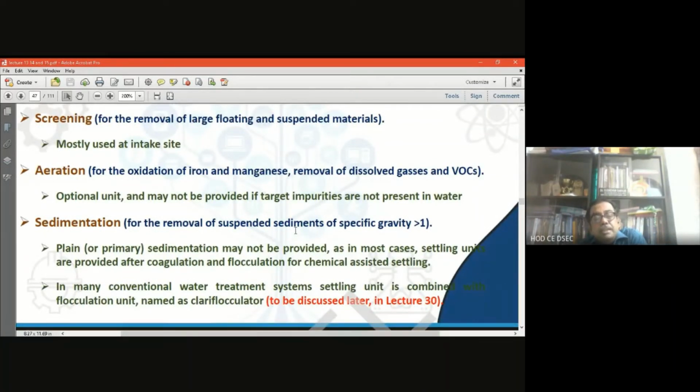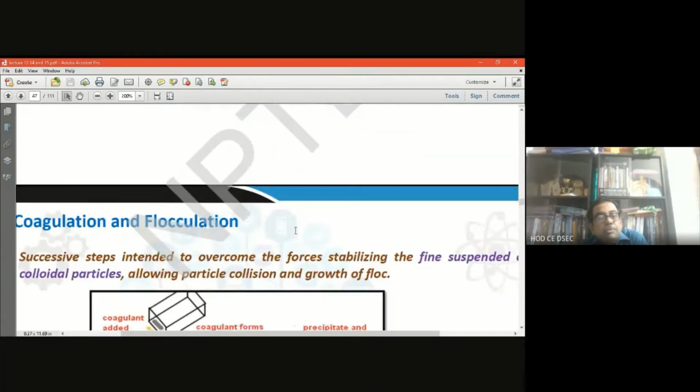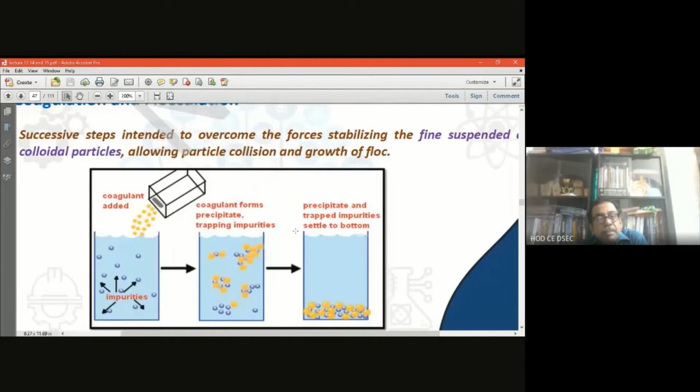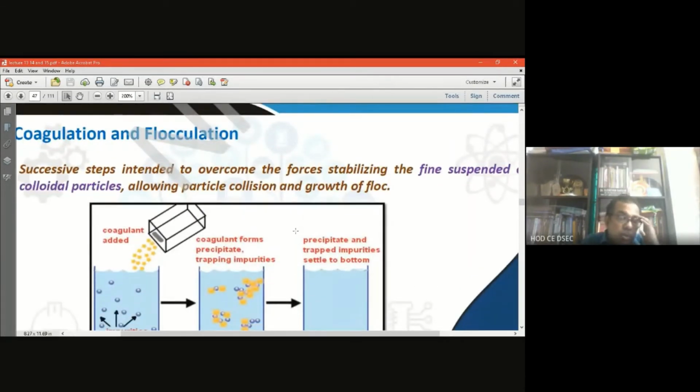But in many conventional water treatment systems, the settling unit is combined with the flocculation unit, named as clariflocculator. The coagulation and flocculation topic is also a sedimentation tank, but that is a post unit of the plain sedimentation tank, not the normal sedimentation tank.